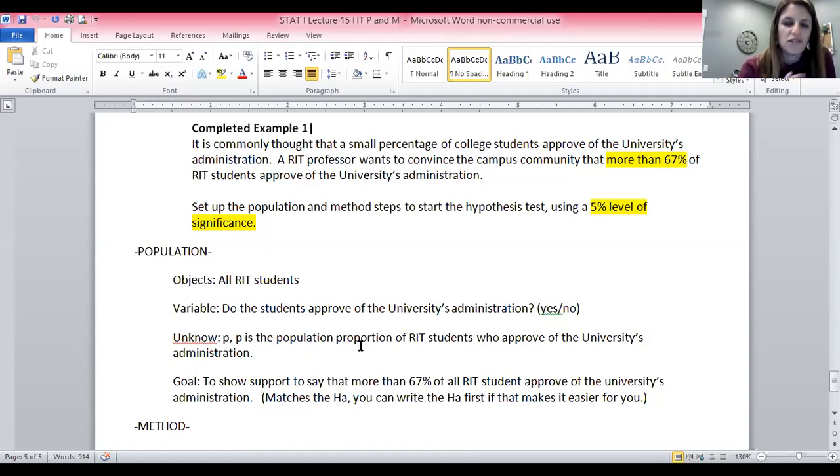So it's the proportion of all RIT students who approve of the university's administration. So I'm taking the top two, the objects and the variable, and putting them together here. That's something that's just going to take a little time for us to write and get used to. My goal, I'm going to leave blank. I know it's right there. I don't want you to read it. We're going to come back to that in just a minute.